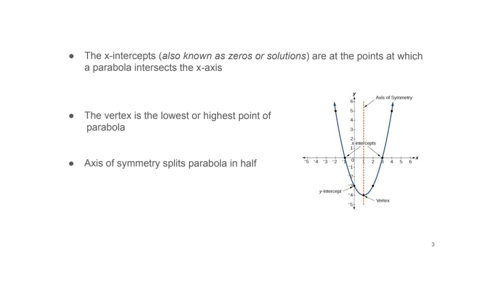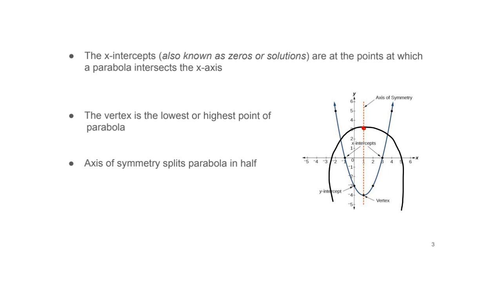If this parabola were to look like the opposite of this, if it looked like this, then your vertex would actually be here, because that's the highest point on the graph.